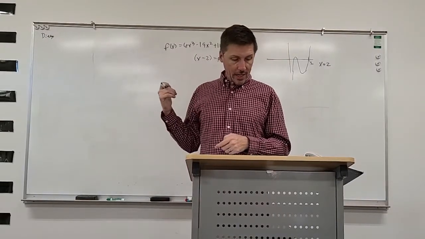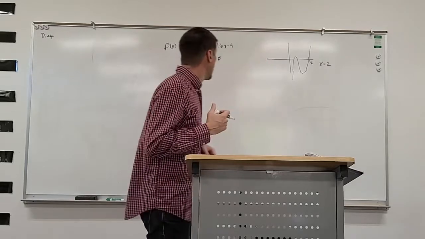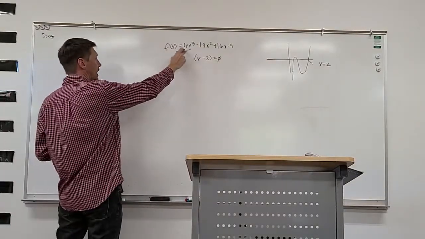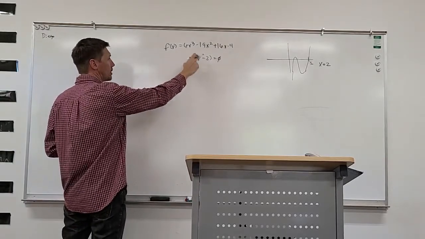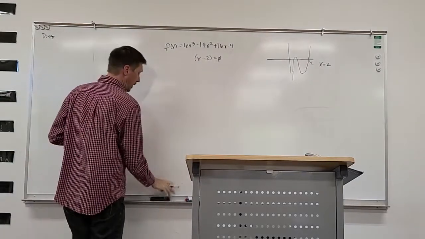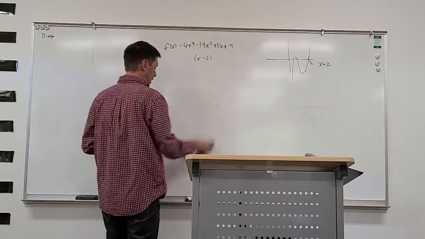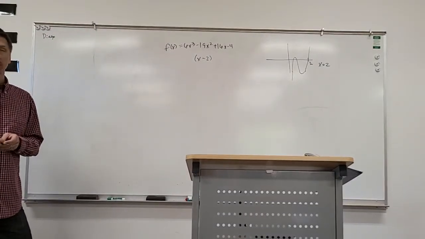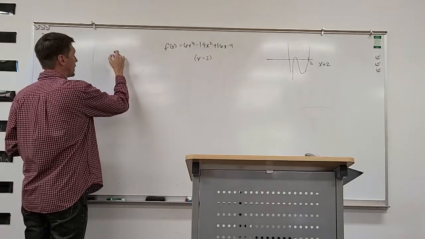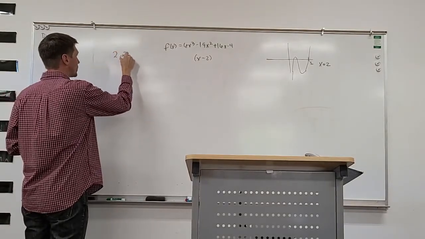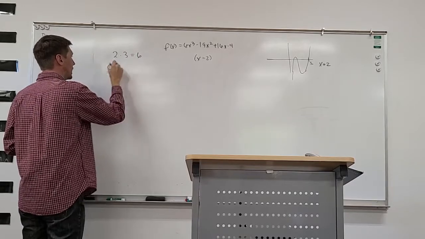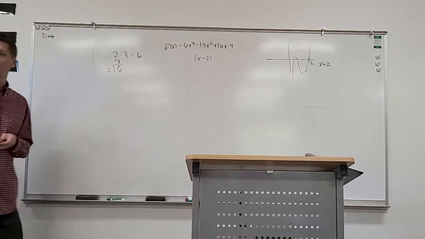So if that's the case, I should be able to divide this function by x minus 2, and I should get a remainder of 0. If you think about the way multiplication and division works, if 2 is a factor of 6, then I should be able to divide 6 by 2 and get a remainder of 0. And sure enough, I do, right?